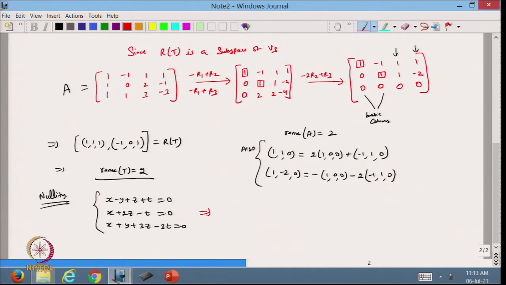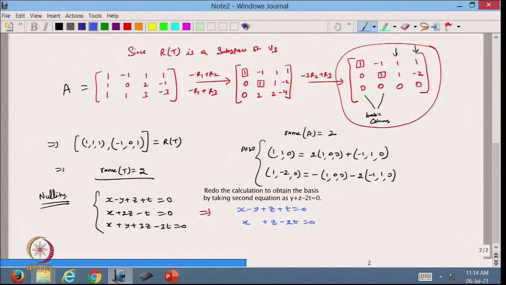So, now from here there is no need to convert this one into the echelon form, because we can use this matrix here. So, I will use this matrix, and from there I will get that we can have x minus y plus z plus t equal to 0, and I can have x plus z minus 2t equal to 0.